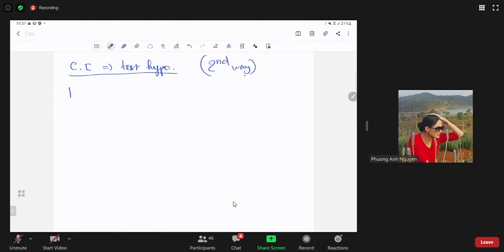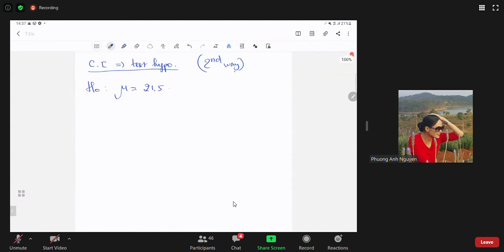For example, I say that, in my opinion, the average age of our students is 21.5. Clearly, from H0, I can get H1 right away: different from 21.5. Then you can tell me right away if it's a two-tailed test or not.